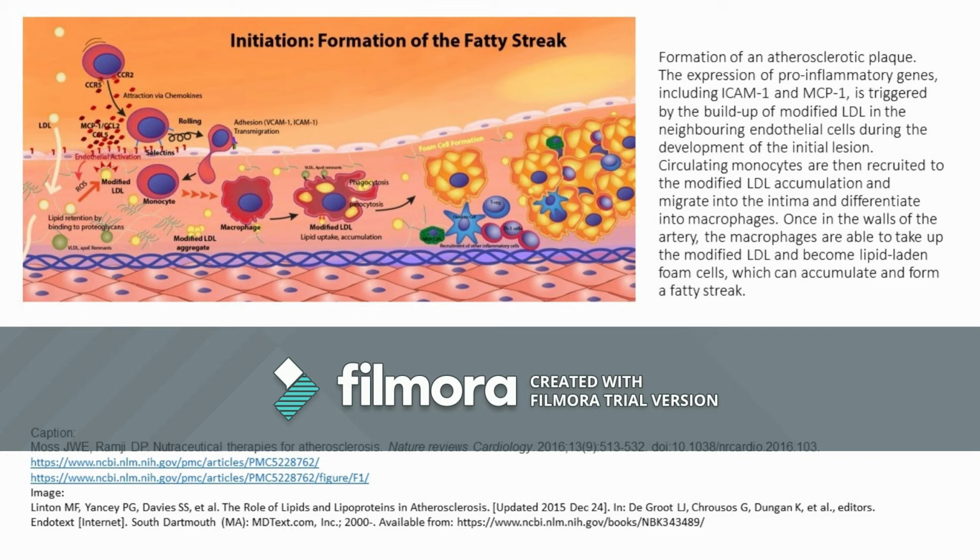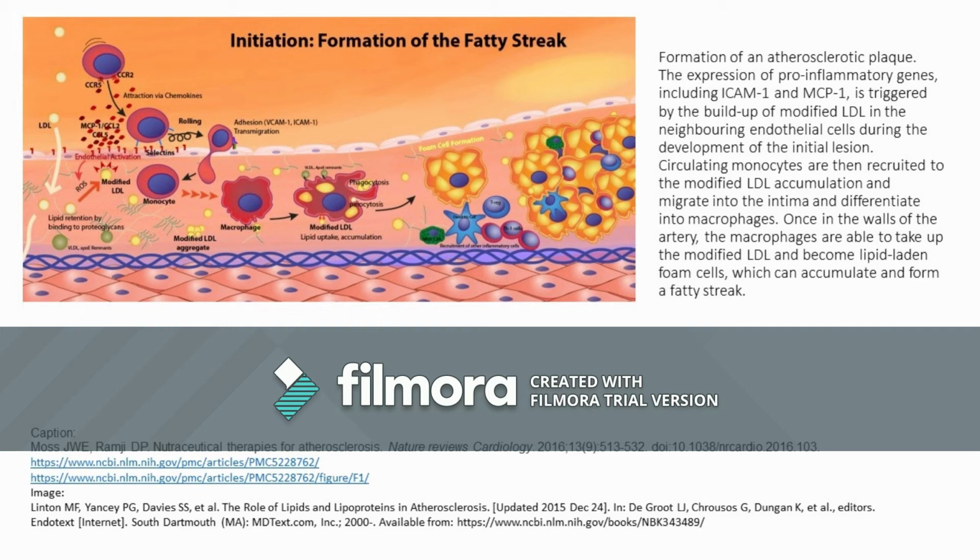Circulating monocytes, which are white blood cells, are then recruited to the modified LDL accumulation and migrate into the intima layer of the artery and differentiate into macrophages, which is a phagocytic white blood cell.